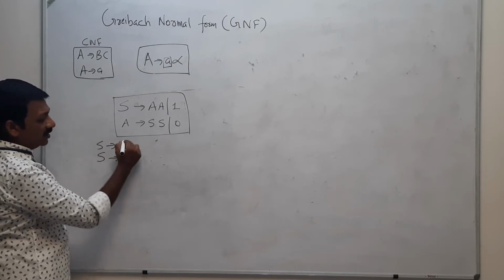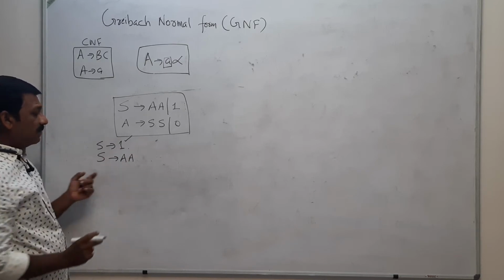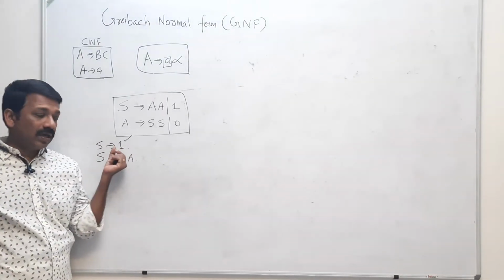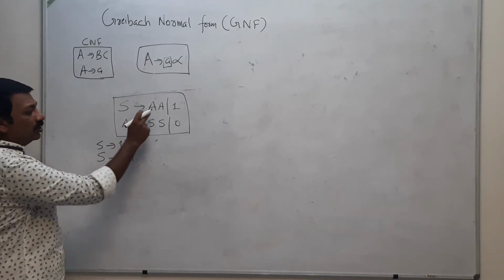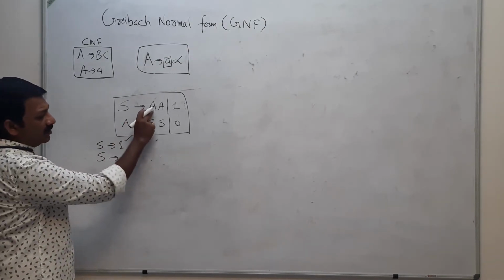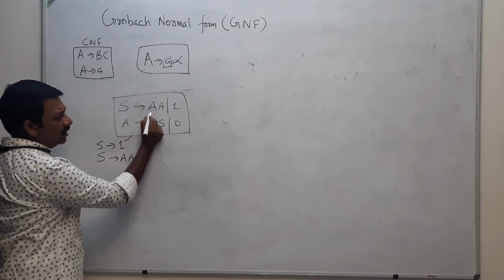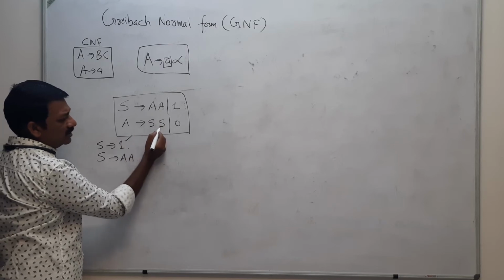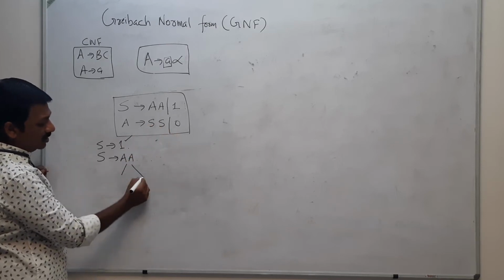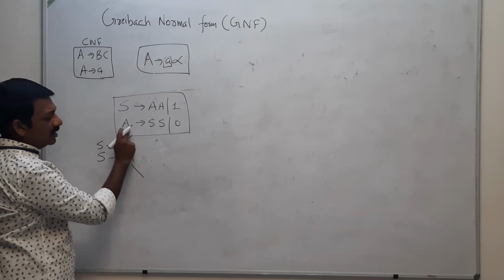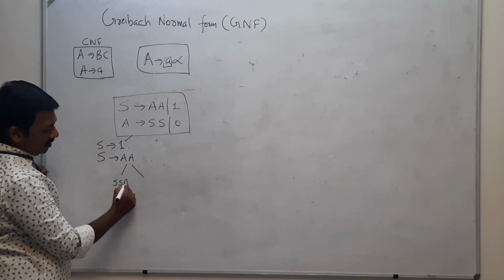This S derives 1 is in Greibach normal form. Why? The first symbol on the right hand side is a terminal. Okay. Now what about S derives AA? When I am replacing this A, you can have two options. A can be replaced with SS or A can be replaced with 0. First case is A is replaced with SS. Now this will become SSA.